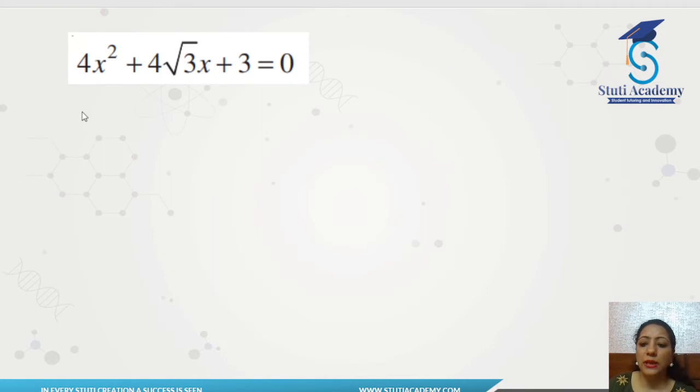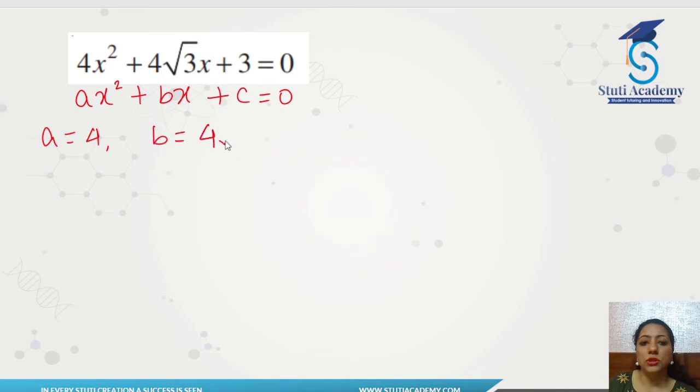Now let's try this one. We'll compare this with ax square plus bx plus c is equal to 0. Here a is 4, b is 4 root 3, and c is 3. So we'll check whether the roots exist here.